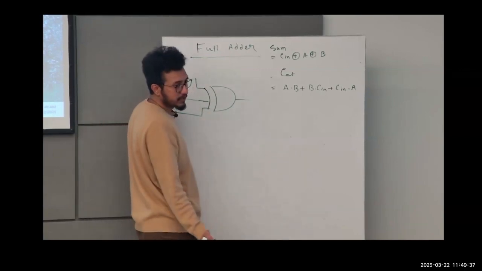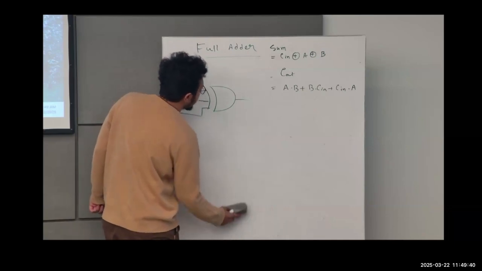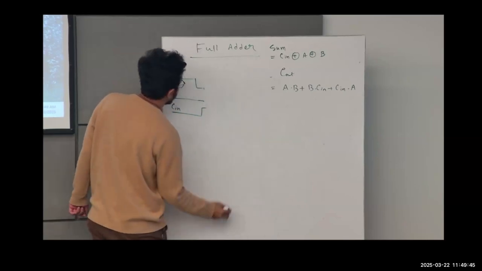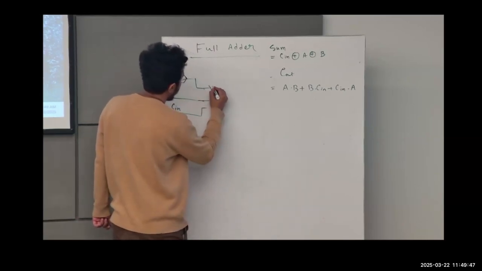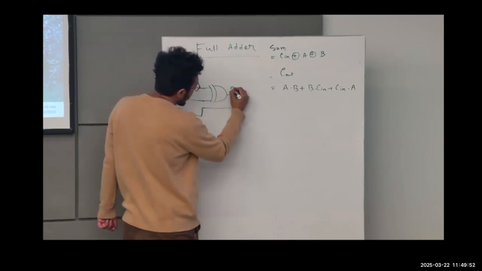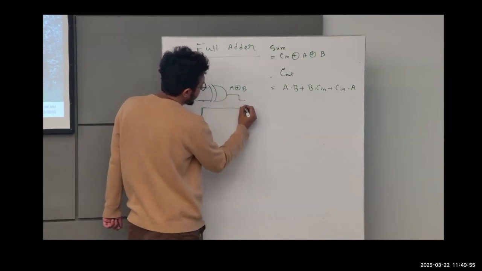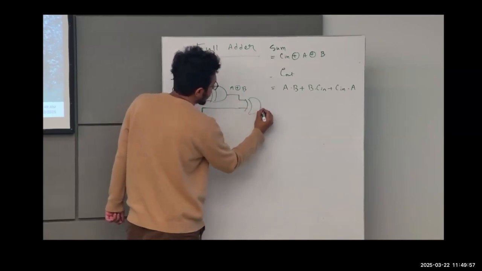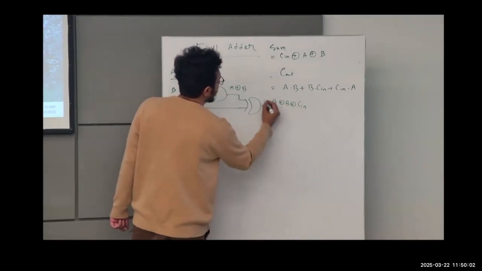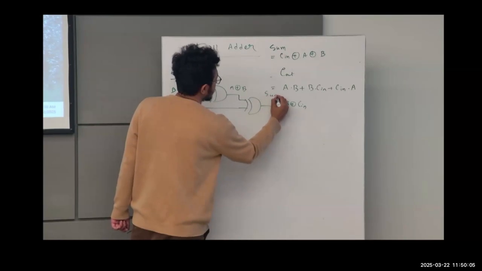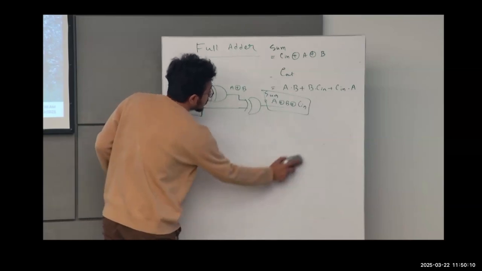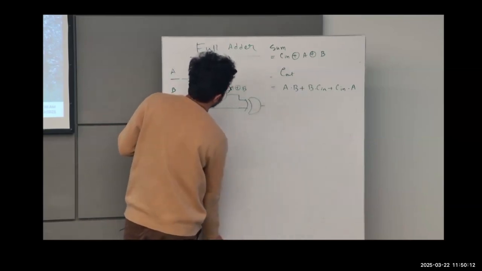But if you have a 2-input XOR, not a 3-input, you can do the XOR between the 2 inputs first, for example, A XOR B. Then XOR of A XOR B and C in. You have A XOR B XOR C in. This is our sum.